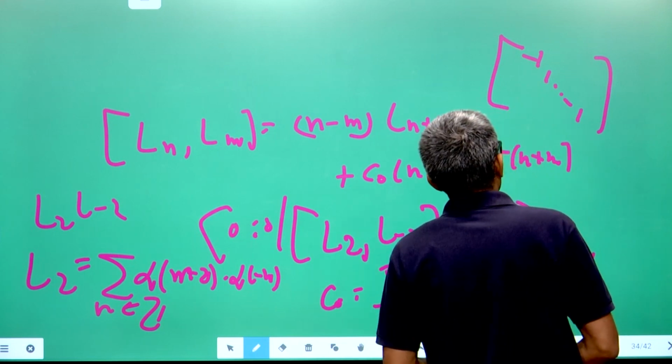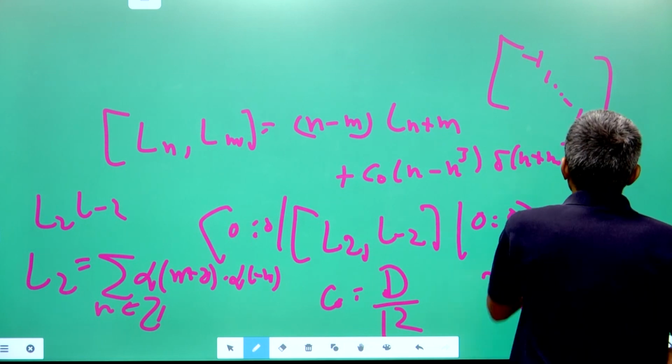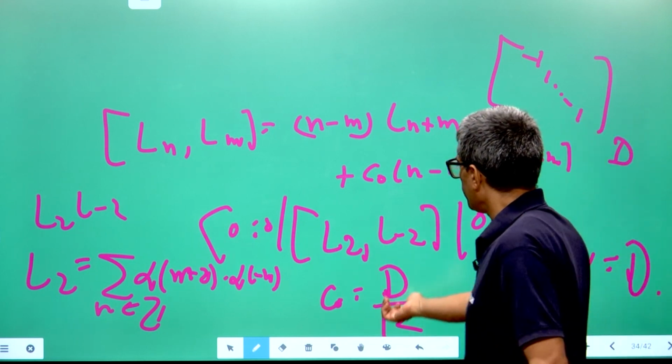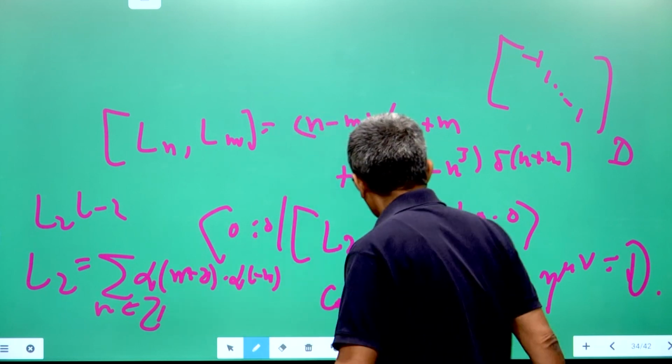So you are computing the trace of the square of this matrix, which is simply d. So this will give you simply d, that is why you will get the factor of d, and the 12 will come when you calculate these commutators in the right way.